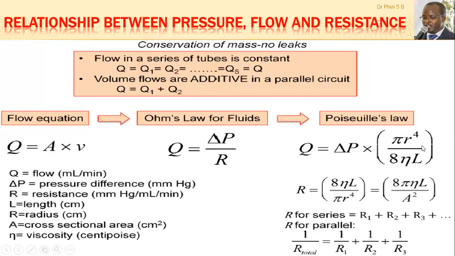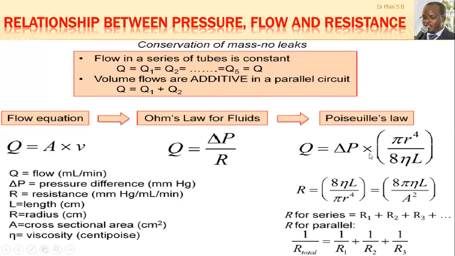So the blood flow will be equal to the change in pressure multiplied by pi r raised to the power 4, divided by 8 multiplied by the viscosity and the length.